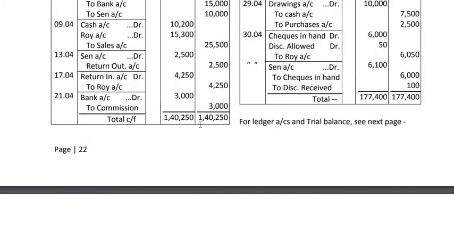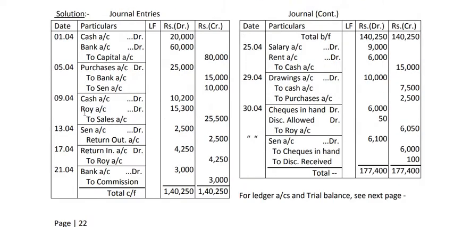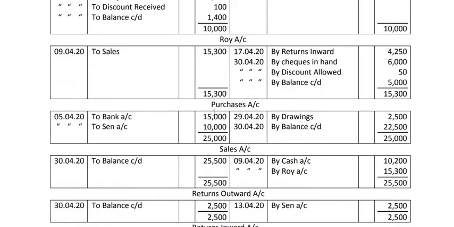Now our next account will be Roy account. So see what are the entries regarding Roy. First entry is cash account debit, Roy account debit to sales. So in Roy account we shall write to sales, but not this amount. In Roy account we shall write to sales this amount. To sales 15,300. See what I have written. To sales on 9th April, 15,300.